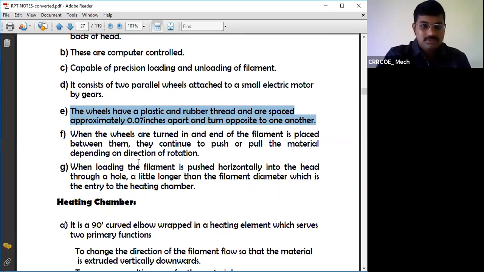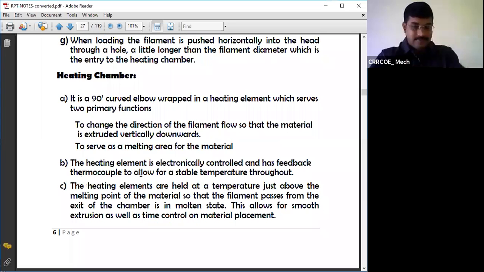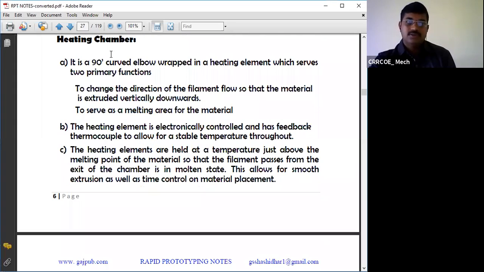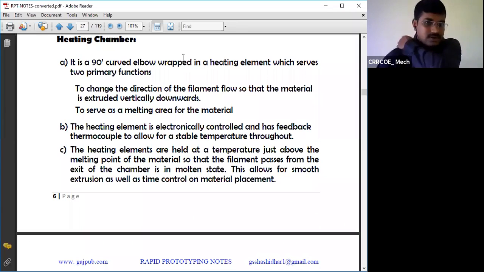Then the heating chambers. The wire is not going to be used directly to produce a product. It is going to be a liquefier, and in that liquefier we have this heating chamber.